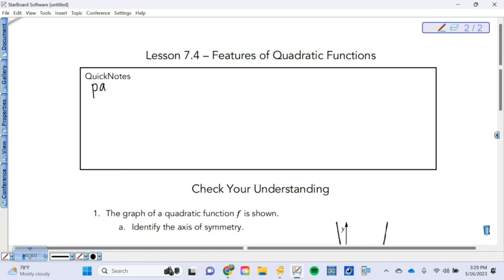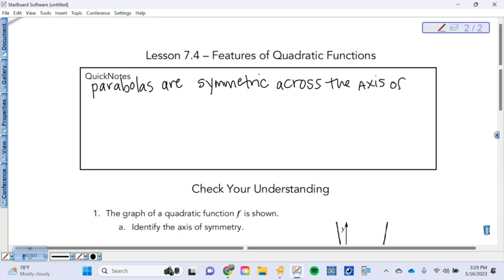So parabolas are symmetric across the axis of symmetry.